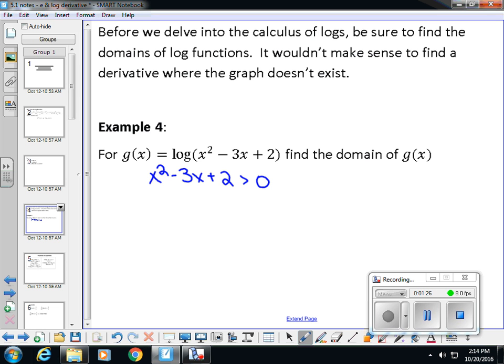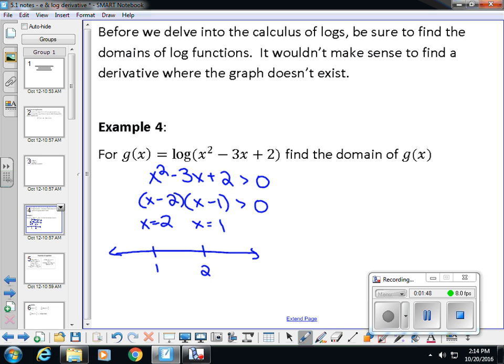Now this actually factors into something pretty nicely. Factors into x minus 2, x minus 1 is greater than 0. Now you cannot just set each of those factors greater than 0 and solve. Remember, when x is 2 and when x is 1, that gives us those critical values, and we have to test the region between 1 and 2.